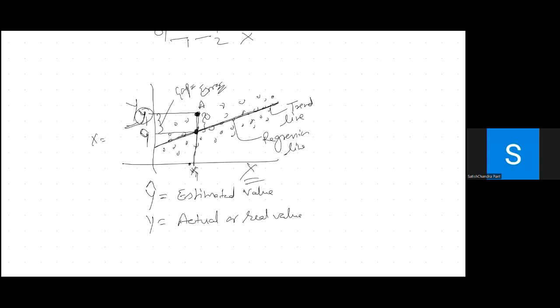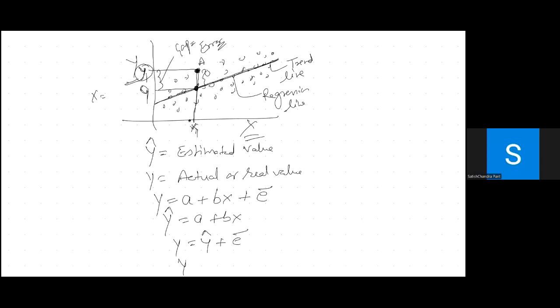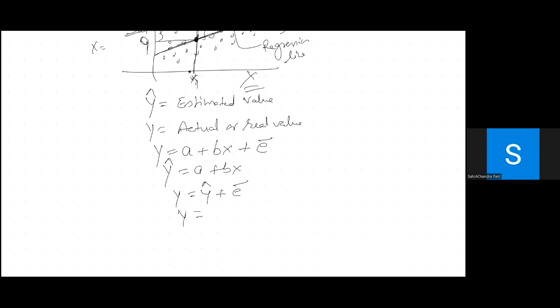So the mathematical or statistical modeling for social or human behavior related models is depicted with y equal to a plus bx plus error, right? And generally y hat equal to a plus bx. So you will see y equal to y hat plus error, or we can say y minus y hat equal to error.